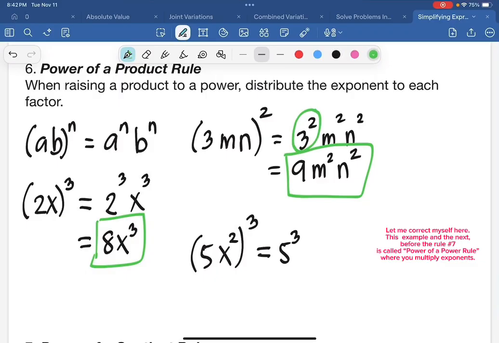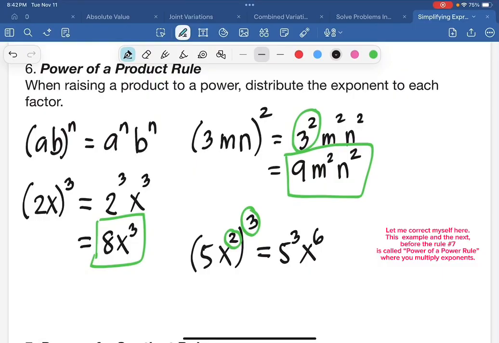But here, we now have x squared, cubed. All we need to do if an exponent has an exponent is to multiply the both of them. So 2 times 3 is 6. So we get x raised to 6.